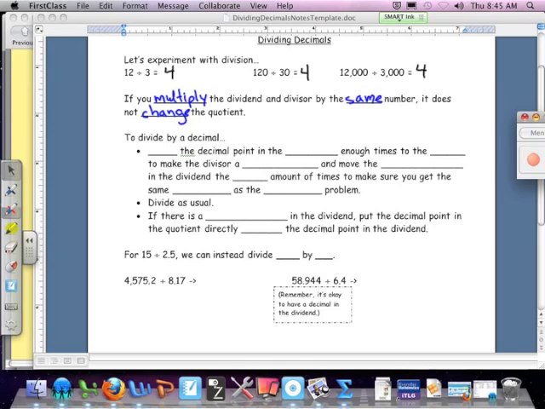So our steps to divide by a decimal will be to move the decimal point in the divisor enough times to the right to make the divisor a whole number, and move the decimal point in the dividend the same amount of times, and again to the right, to make sure you get the same quotient as the original problem.